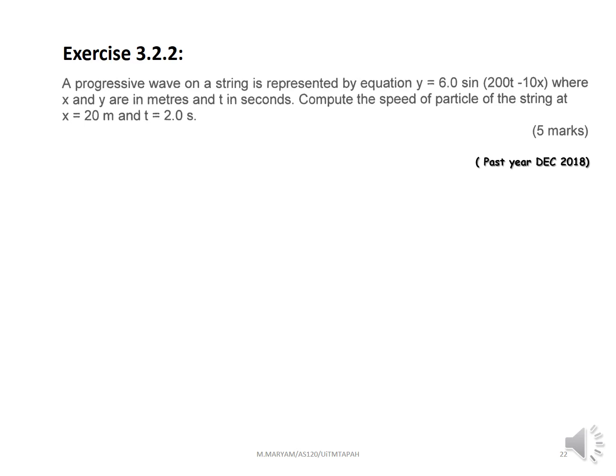The next example: a progressive wave on a string is represented by the equation y equals 6 sin(200t minus 10x). The minus here represents the wave traveling to the right, where x and y are in meters and t in seconds. Compute the speed of a particle of the string at x equal to 20 meters and t equal to 2 seconds. The question asks for the speed.